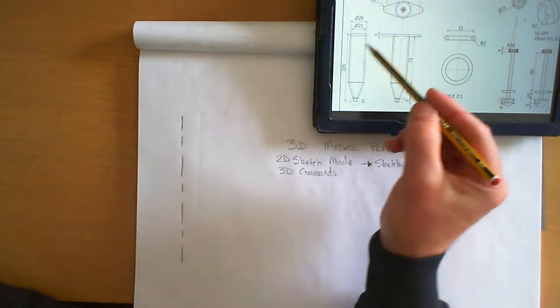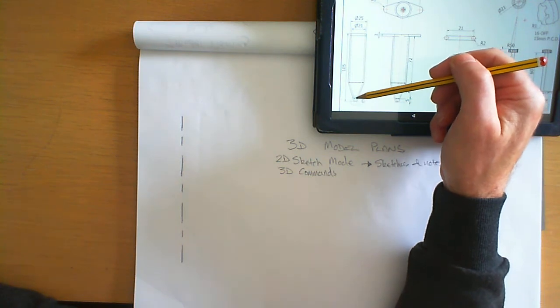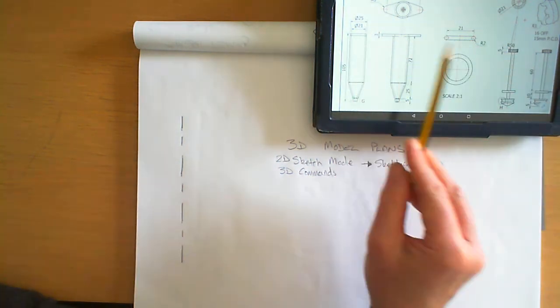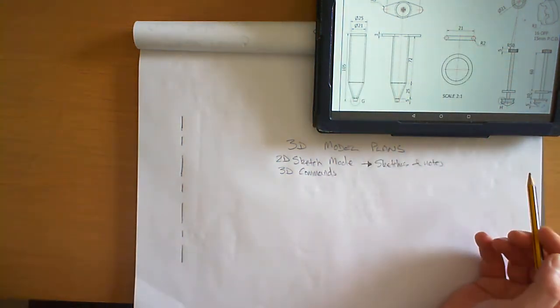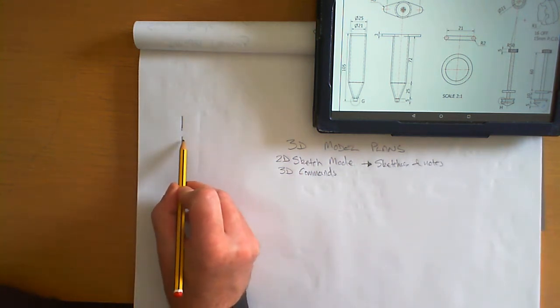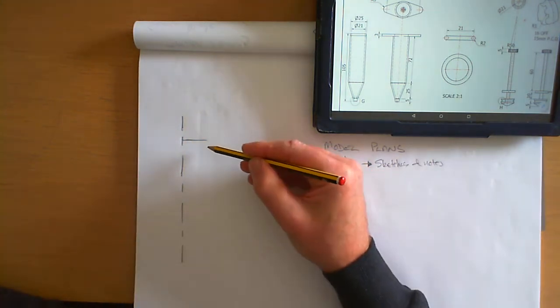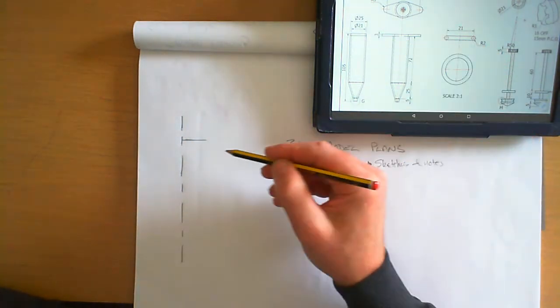So what I'm going to do is imagine this axis of revolution going down through the centre, and I'm going to draw what's on the right hand side. I could do the left hand side, but I'm going to do the right hand side. So coming out from here, simply draw myself a little horizontal line, then I'm going to come down the outside.